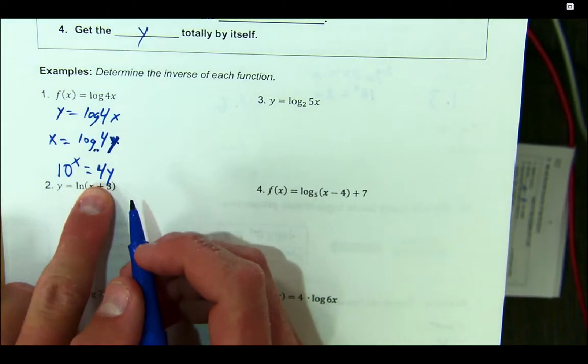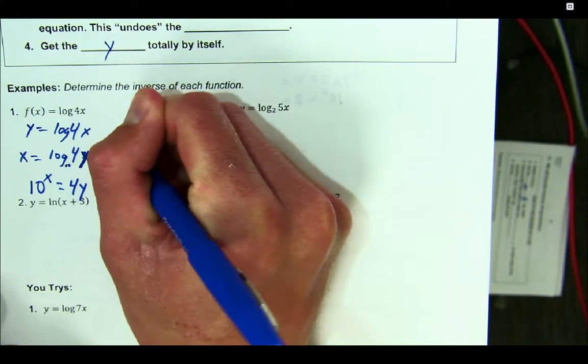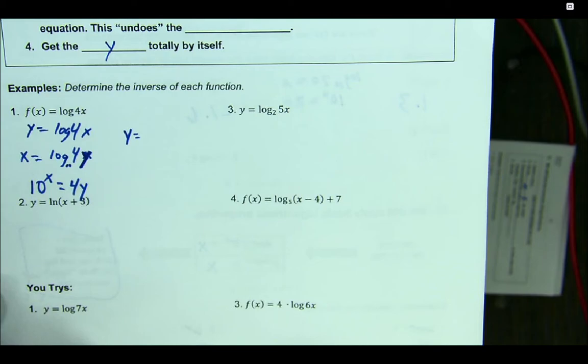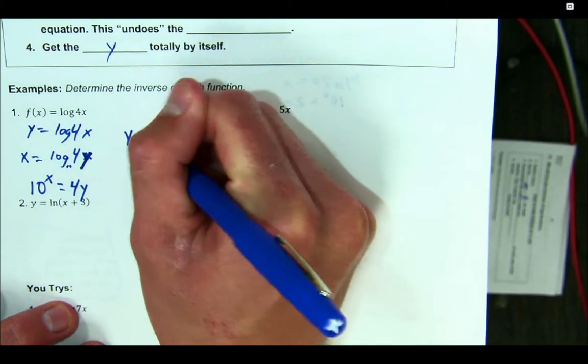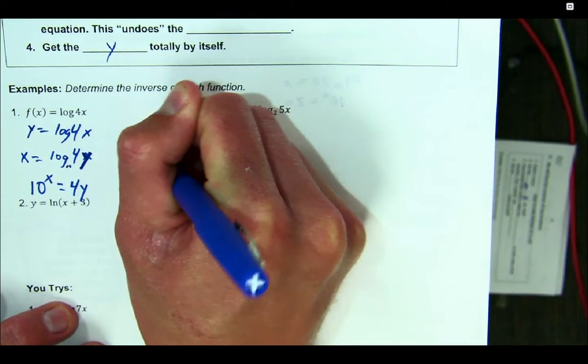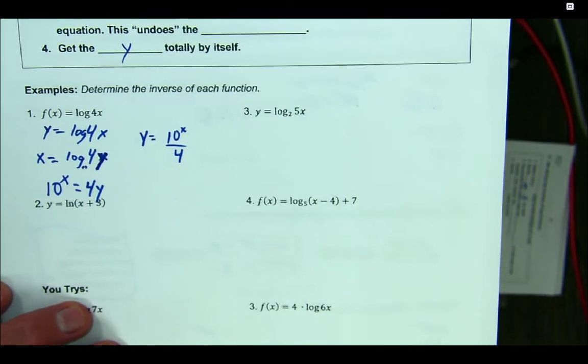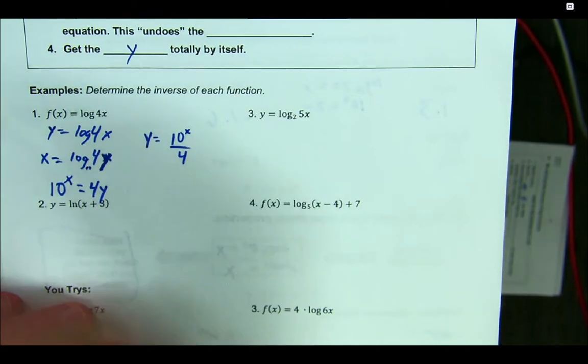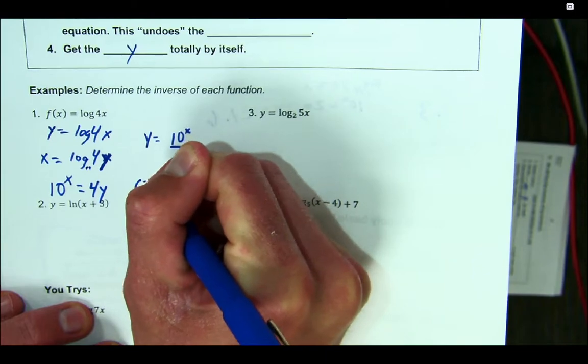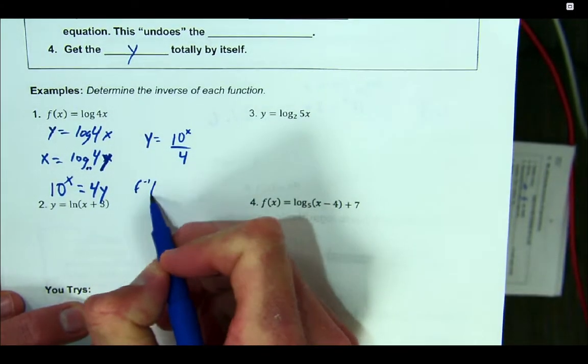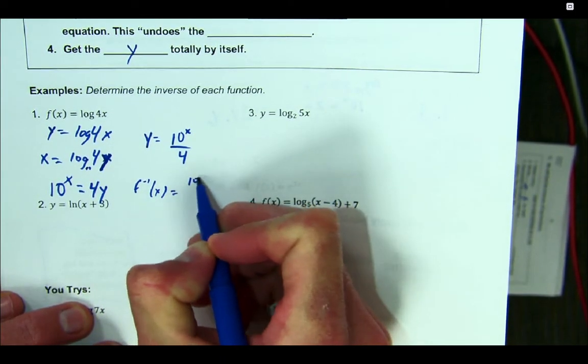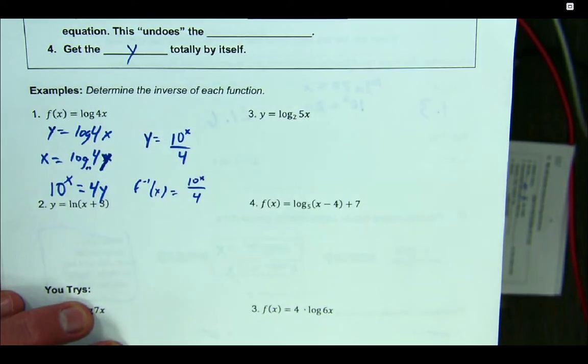Now, if you have 4 times y, to undo that, you have y is equal to 10 to the x all over 4. All right, so that is what the inverse function is. F inverse of x is 10 to the x over 4.